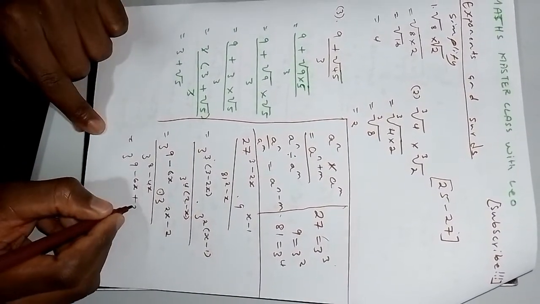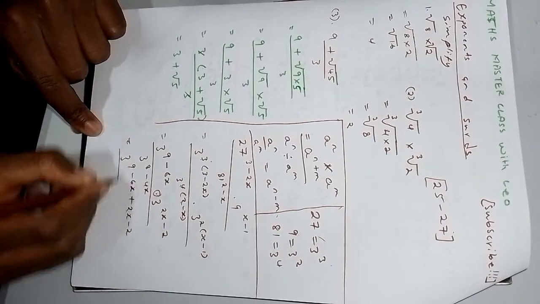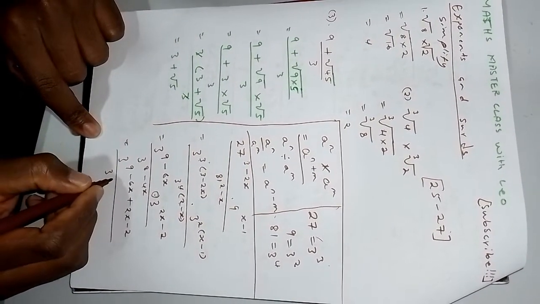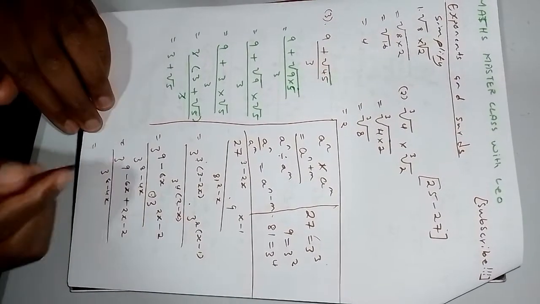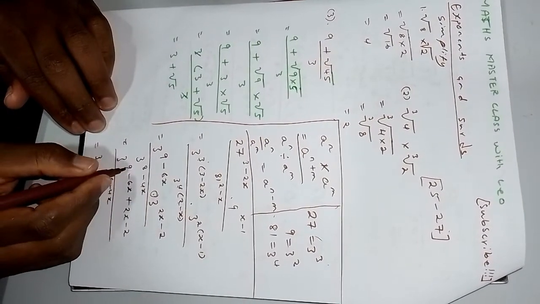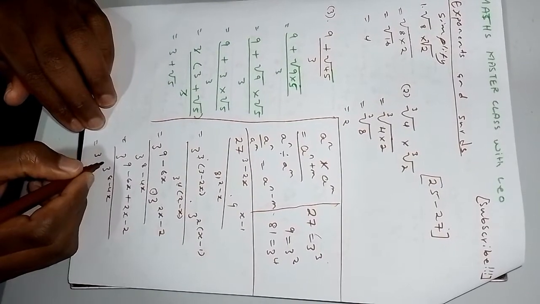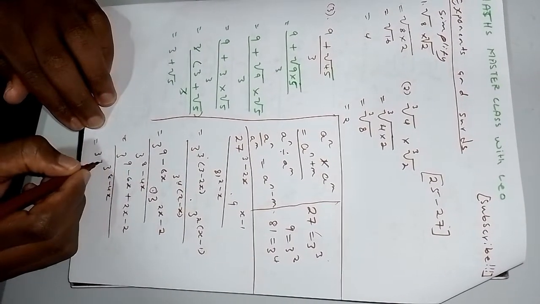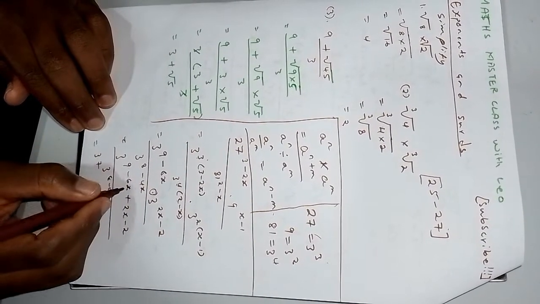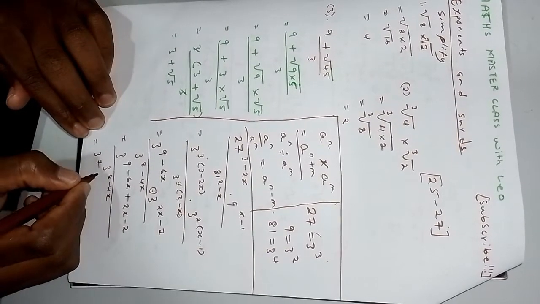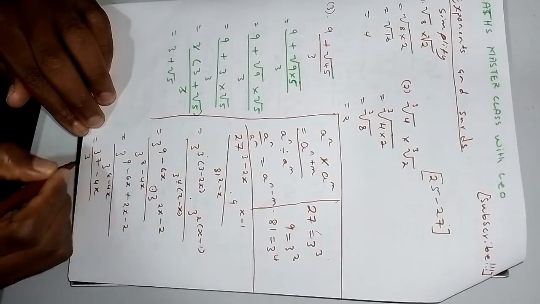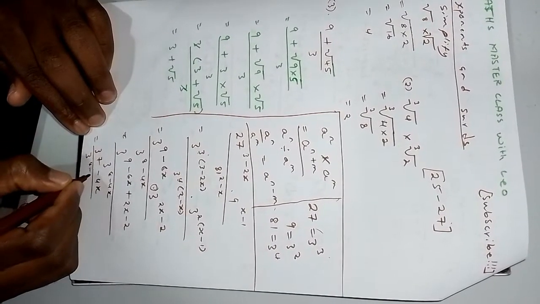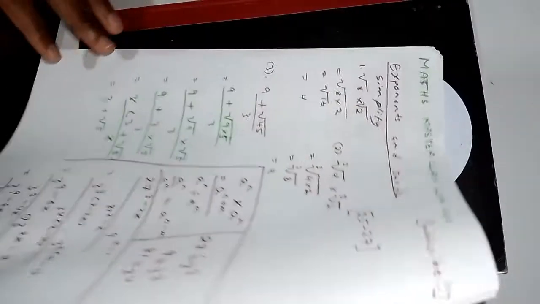So plus 2x minus 2, all over, this one we write as it is, 3 to the power 8 minus 4x. This gives 9 minus 2, which is 7, and negative 6x plus 2x, which gives negative 4x, all over 3 to the power 8 minus 4x.